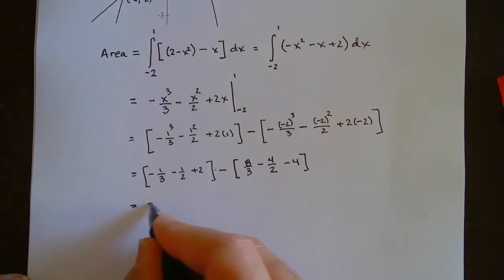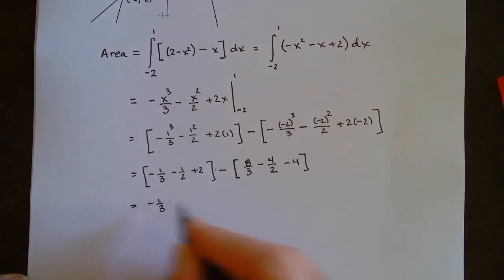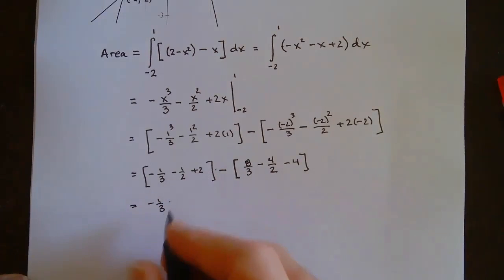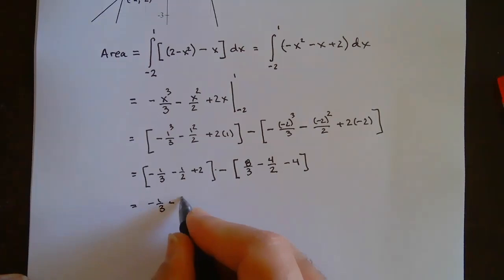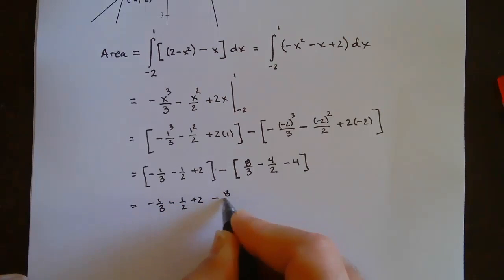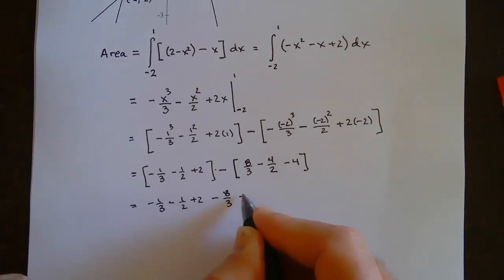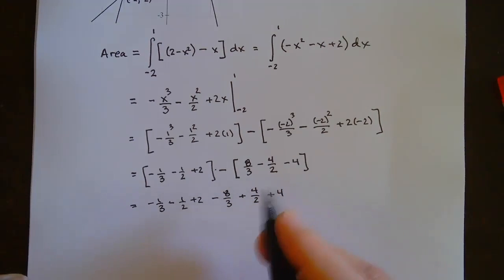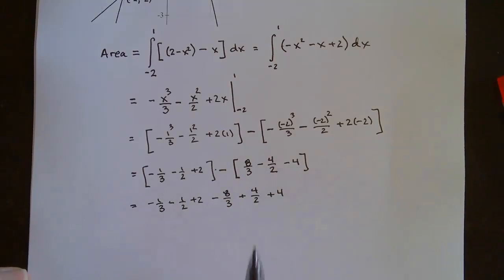So this is -1/3. And I didn't reduce this one because I have a half over here, and I can combine them then. That's the reason. Minus 1/2 plus 2 minus 8/3. Then this one becomes plus 4 halves and then plus 4. If you did reduce that, it wouldn't be wrong, okay?